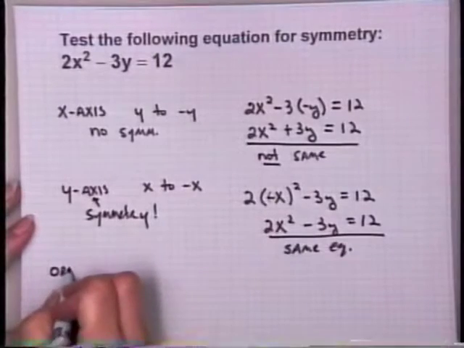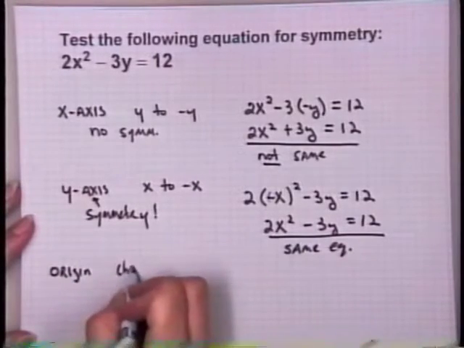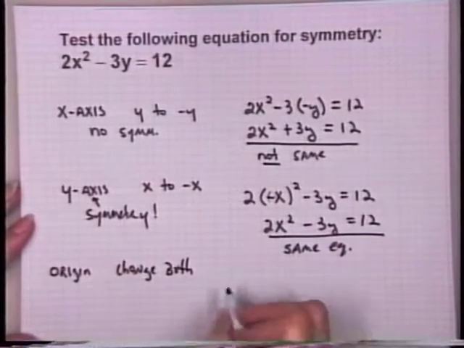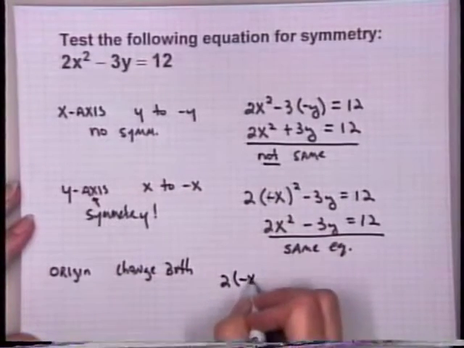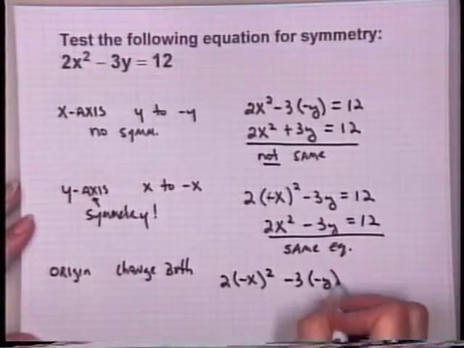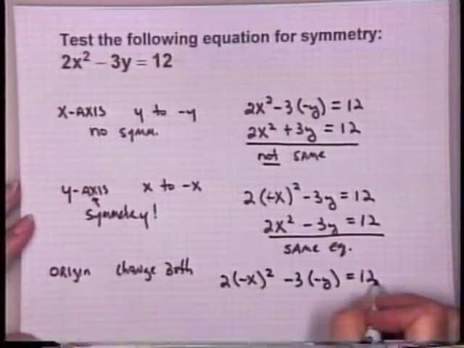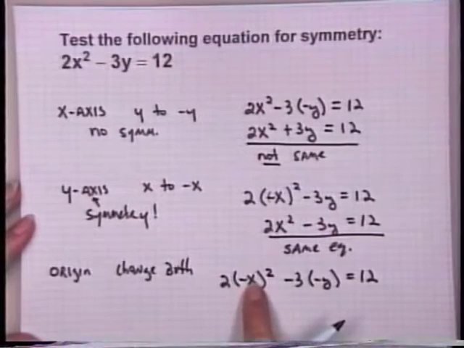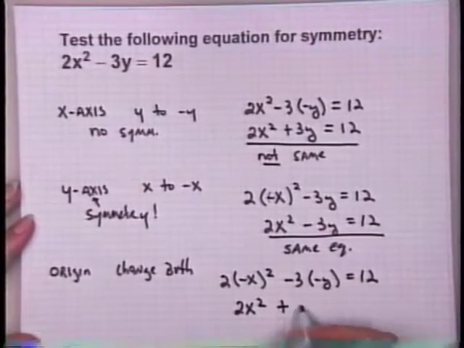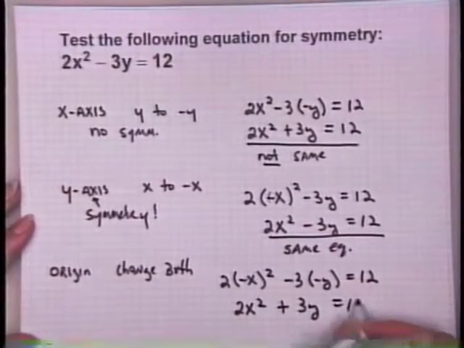Okay? Now, let's test for origin symmetry. Remember, for origin symmetry, you change both. Okay, so I'm going to have 2 times negative x that I square minus 3 times negative y equals 12. Again, you square first and get positive x squared times 2 is 2x squared. This is going to be a plus 3y equals 12.